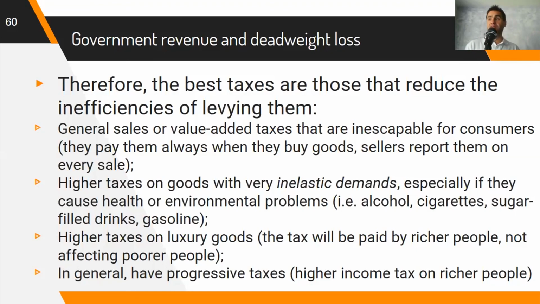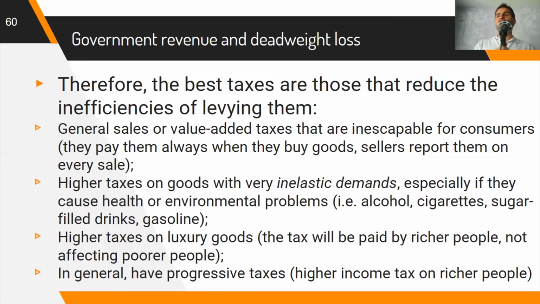Therefore, they're very good because they're much more inescapable. When you buy the good, there are two sides of the transaction. So if the tax is levied on one side of the transaction, you can see if some other people are not paying their taxes, and that's why the idea of receipts, or las facturas, is so important.